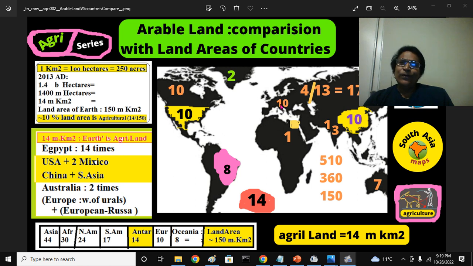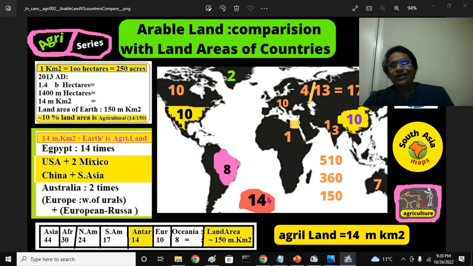Then you go to Europe. Europe is 10 million, among which 6 is the non-Russian part and 4 is the Russian part. You take the entire Europe west of the Urals and add the Russian part west of the Urals, 10 plus 4, 14. That is the arable land, agricultural land, on planet Earth.